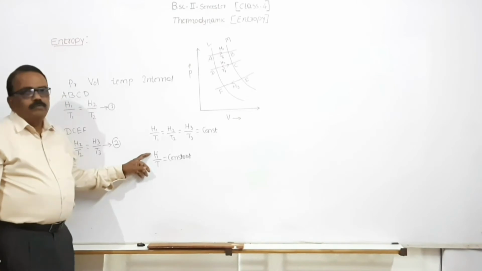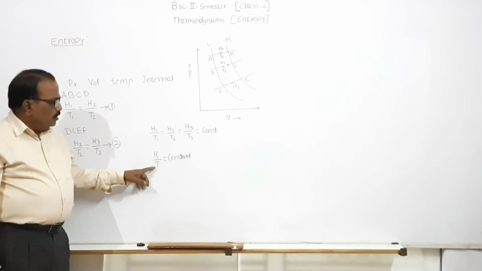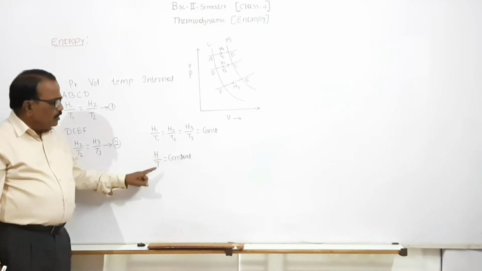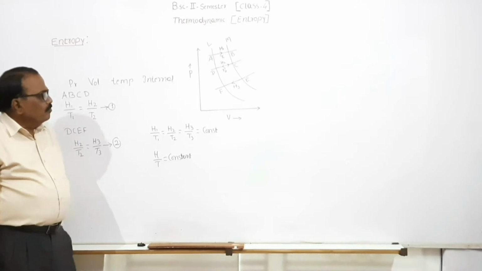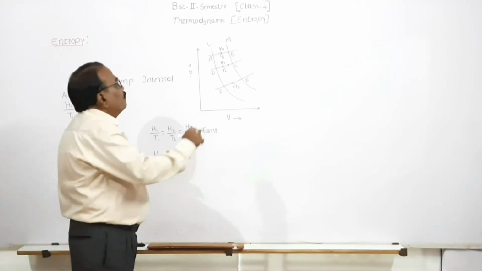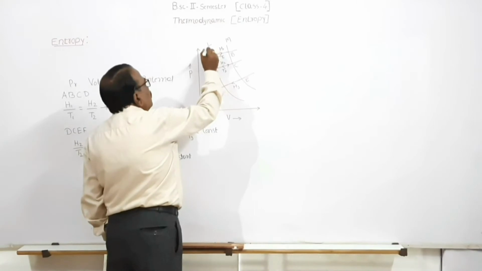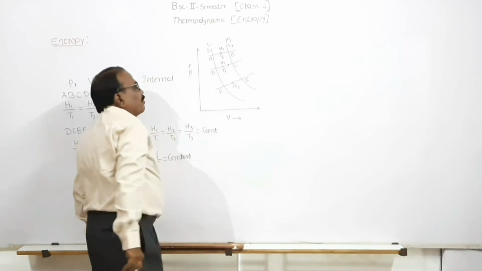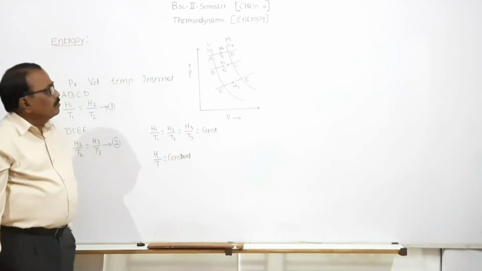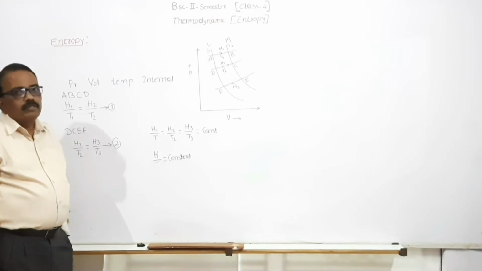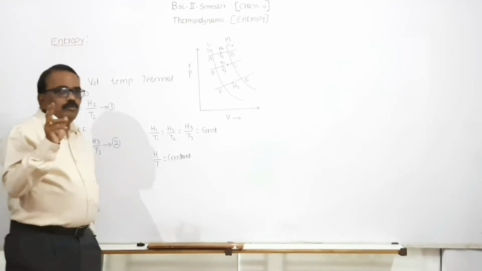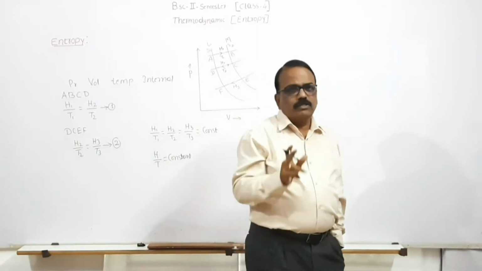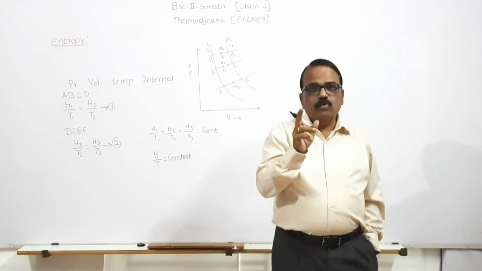H is the amount of heat absorbed and T is the temperature T. Amount of heat absorbed at temperature T. Then if S1 and S2 are the entropy of L and M, that means during an adiabatic process, a quantity which remains constant is called entropy.